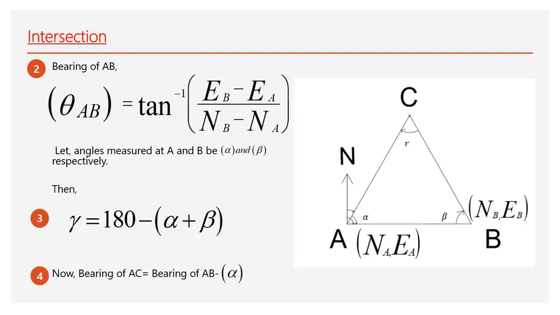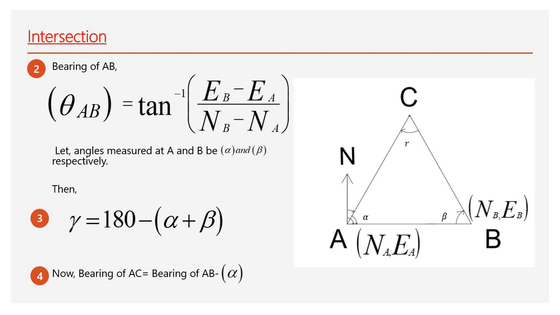Now we can also find the bearing of AB, and the formula of the bearing is tan inverse of easting by northing, so easting of B minus easting of A by northing of B minus northing of A.